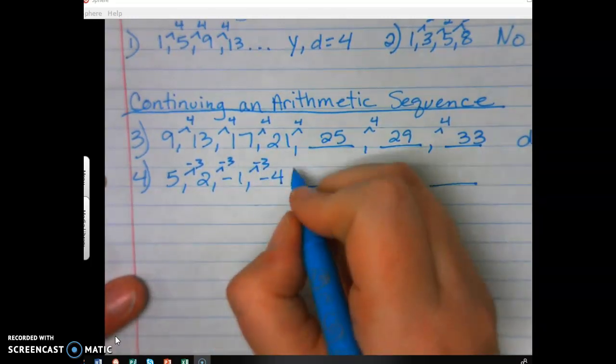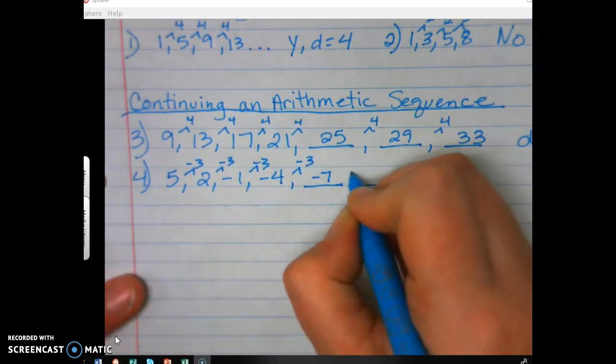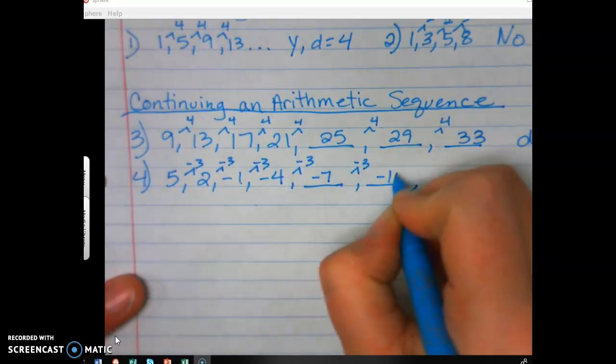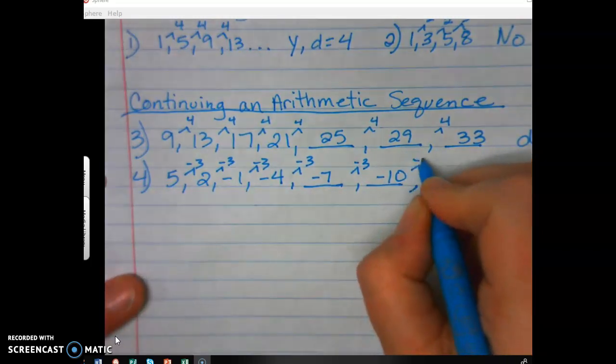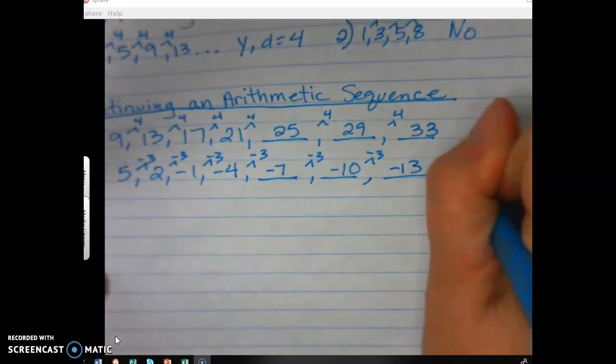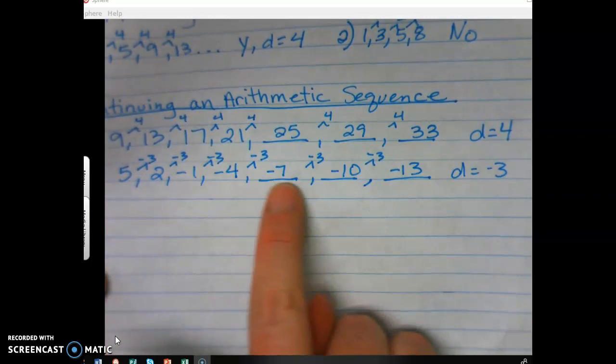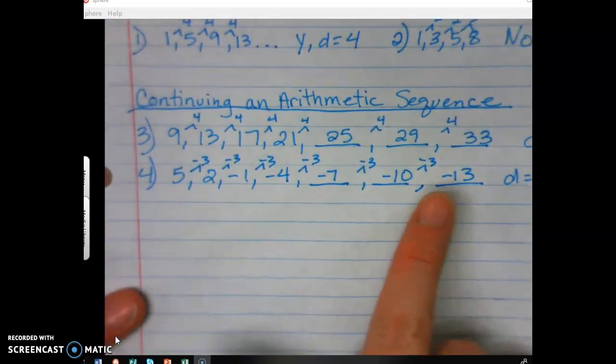Okay, so -3 from -4 is -7. -3, -10. -3, -13. Okay, D equals -3. Yes, it can be negative because I'm still just adding or subtracting to get to the next number, okay?